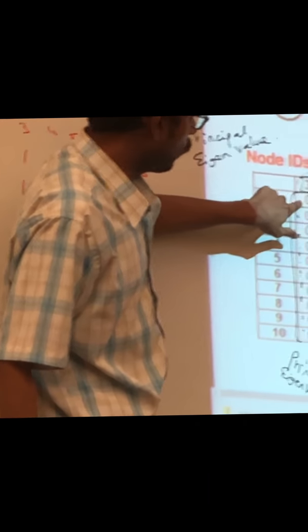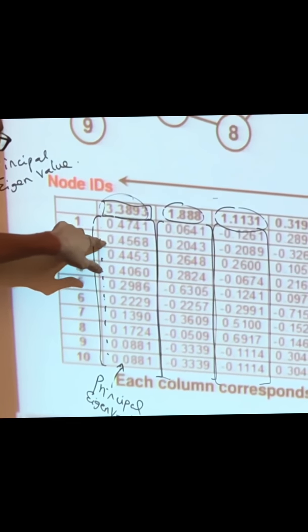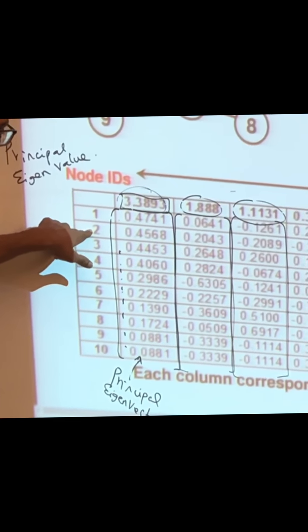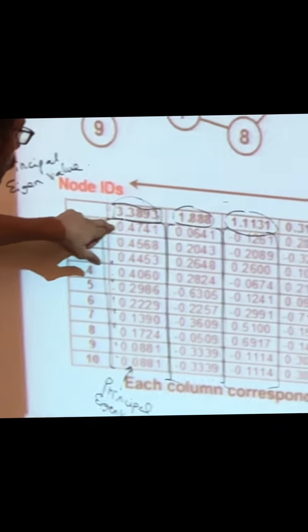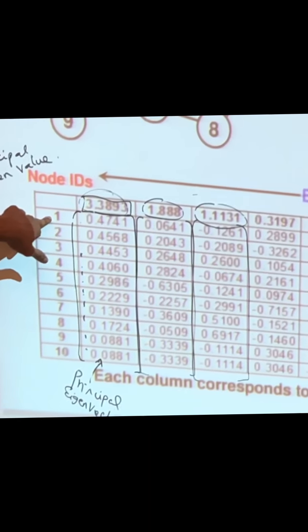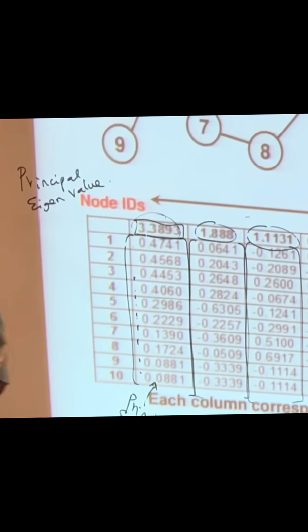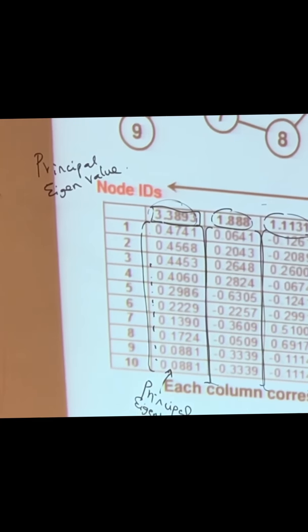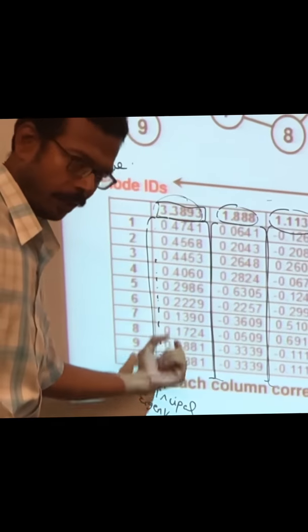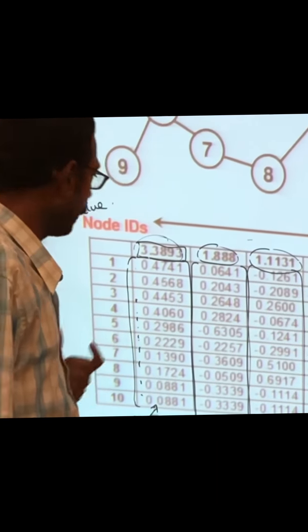In each eigenvector, the first entry corresponds to vertex 1, the second entry corresponds to vertex 2, and so on. Is that clear? Now, looking at the principal eigenvector, we know by now all the entries are going to be positive, right?